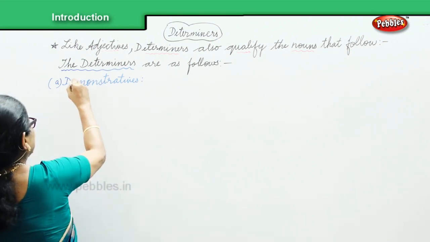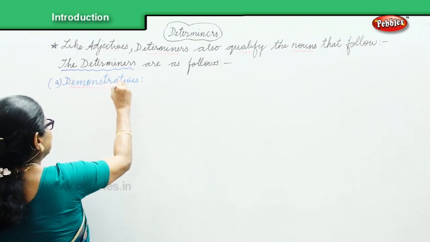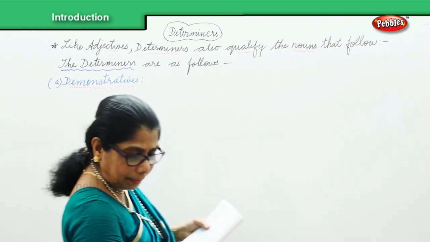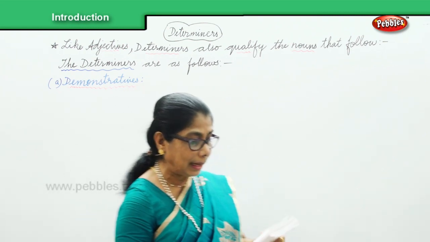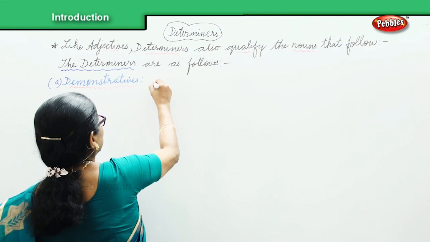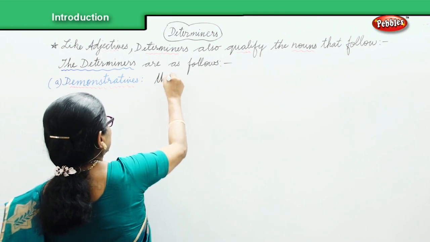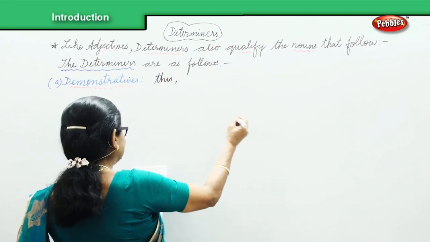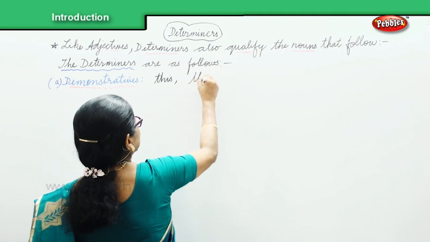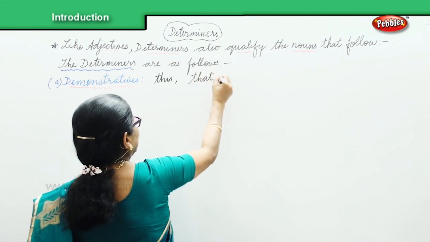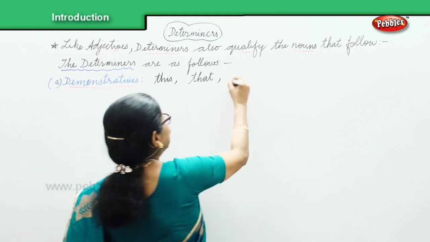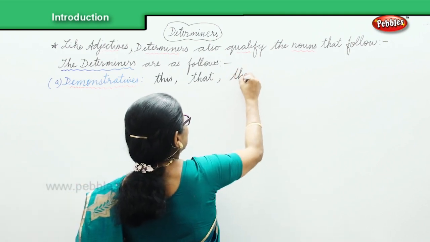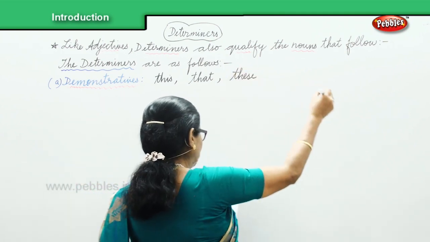What are those words that come in? As demonstratives, we have words like this, that, then we have these and those.